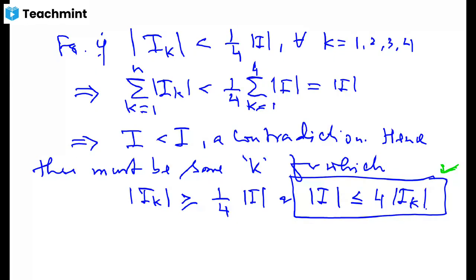So now I'm going to relabel the triangle T_k for which you have this inequality as T1, signifying the first stage.